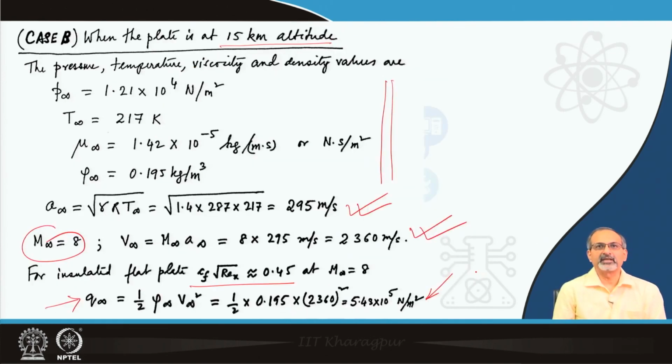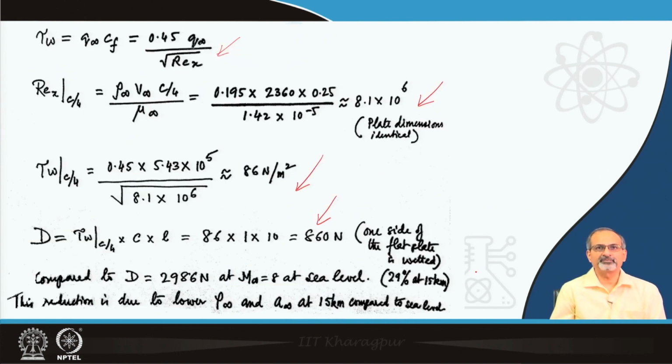In order to establish that, we also did a case B calculation where we exposed the flat plate to free stream flow at 15 kilometers altitude, and when we did the calculations with an isothermal wall, we found that the heat transfer rate was significantly reduced. Also, the drag came down.